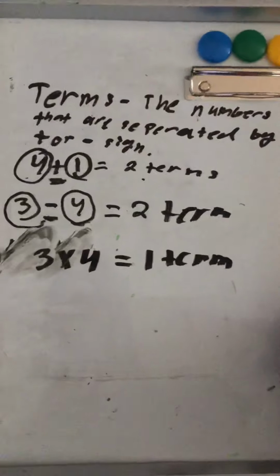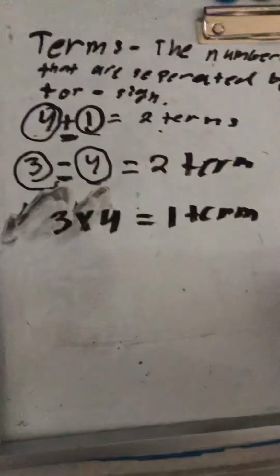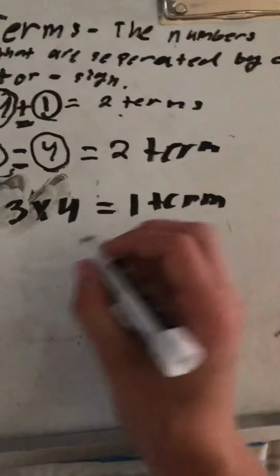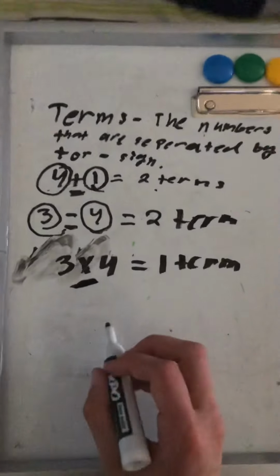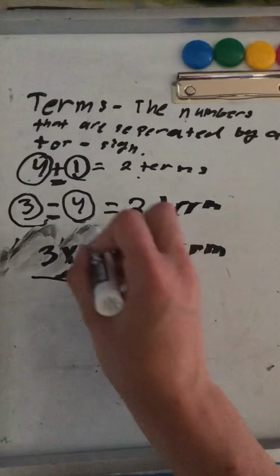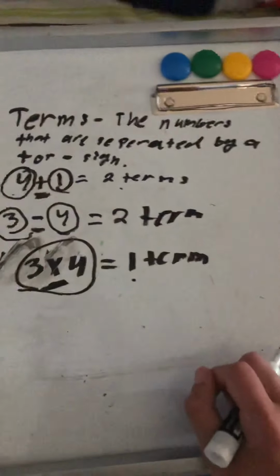Why does it only equal 1 term? Well, it only equals 1 term because there's not a plus or minus sign right there. So that whole thing is 1 term.